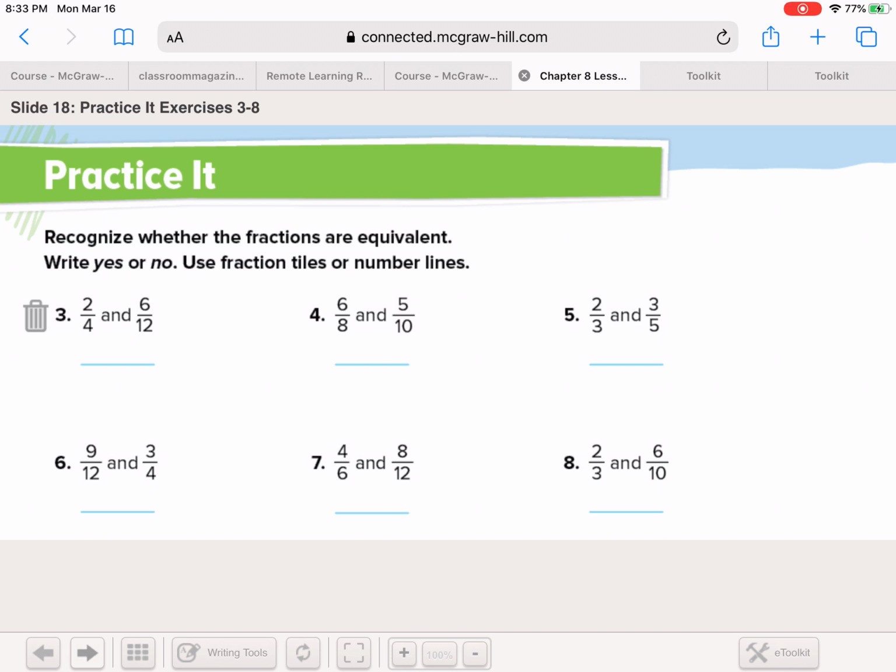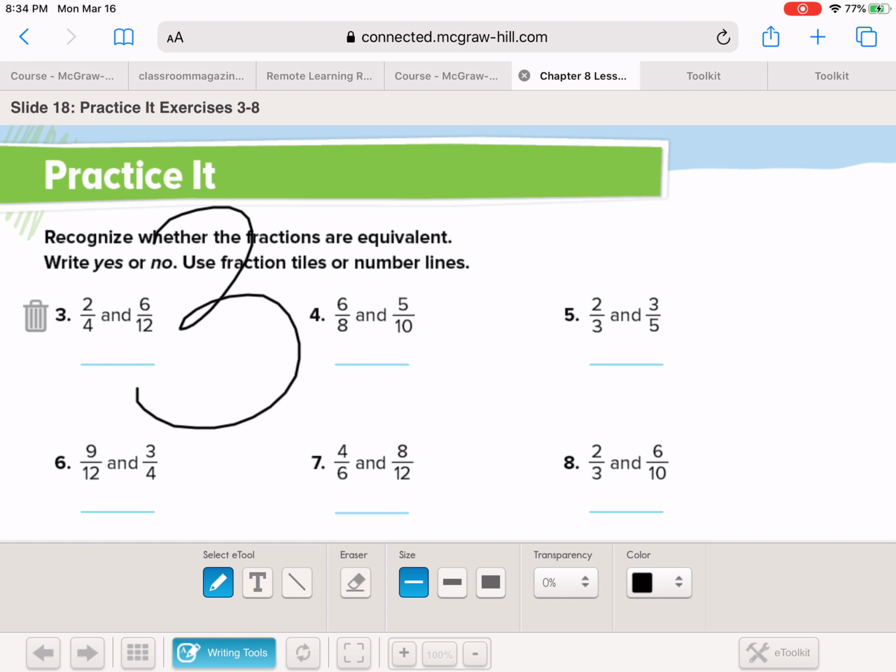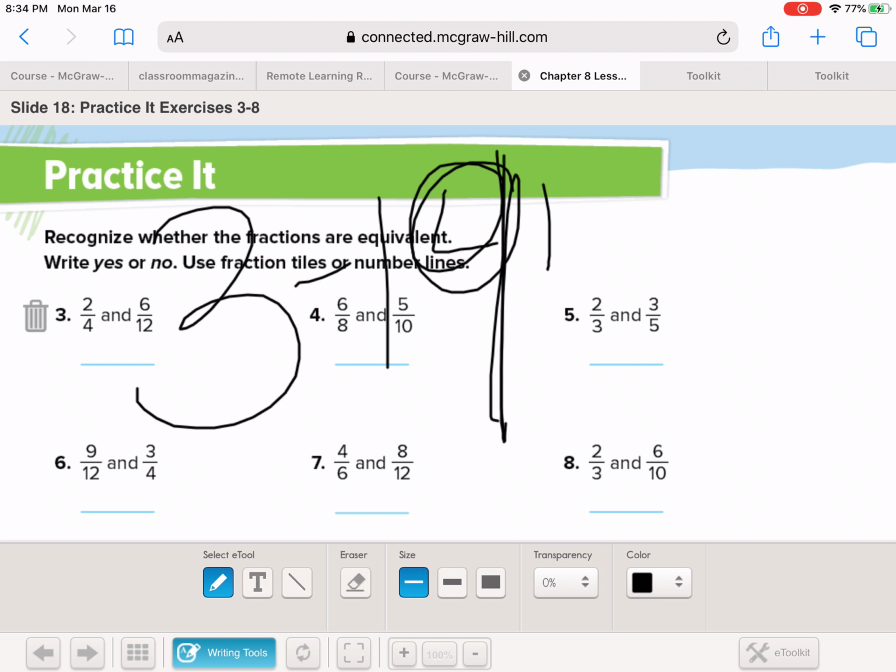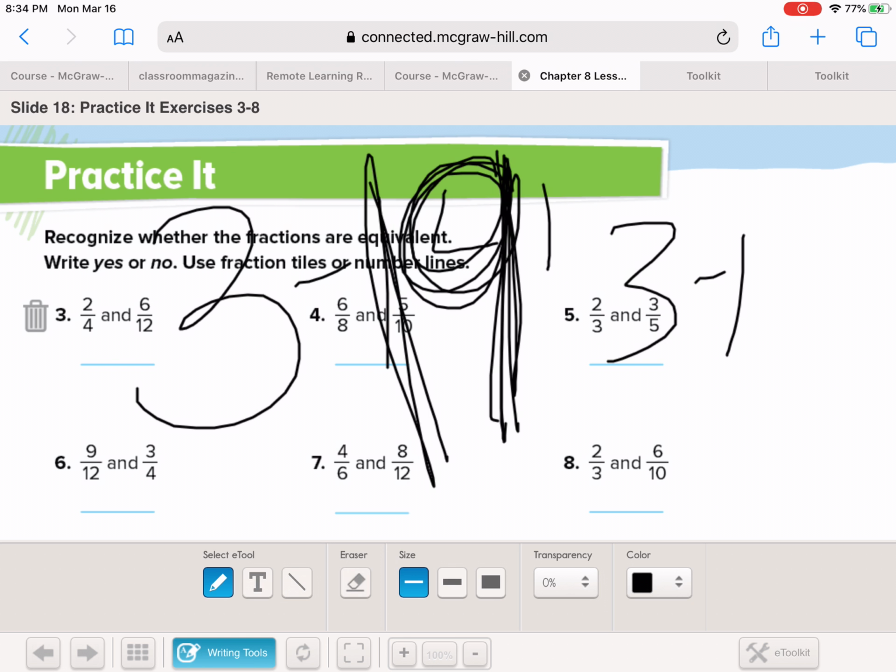You guys are going to, on your own, do numbers 3 to 19.